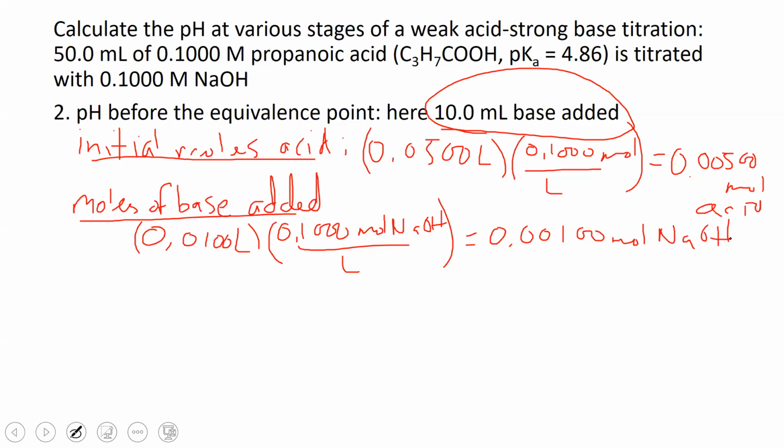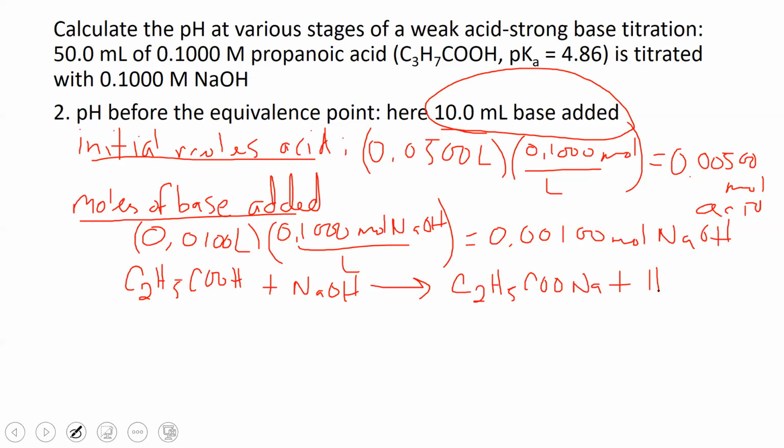Now, because of the reaction between the sodium hydroxide and the propanoic acid, namely the C2H5COOH plus NaOH, what's going on there is, because the hydroxide will deprotonate that acid, we're making sodium propanoate, C2H5COONa plus H2O.